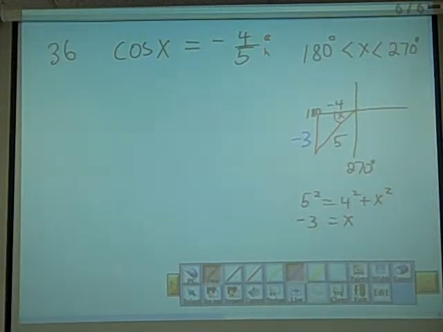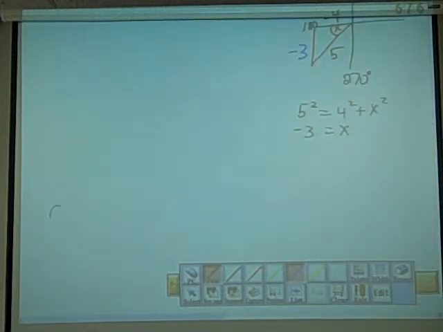Well, since we're working with a 4 over 5, to get x over 2, what we want to do now is find cosine x over 2. And we know that cosine x over 2 is plus or minus the square root of 1 plus cosine x over 2.